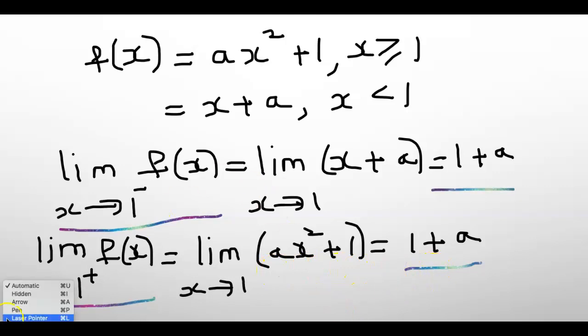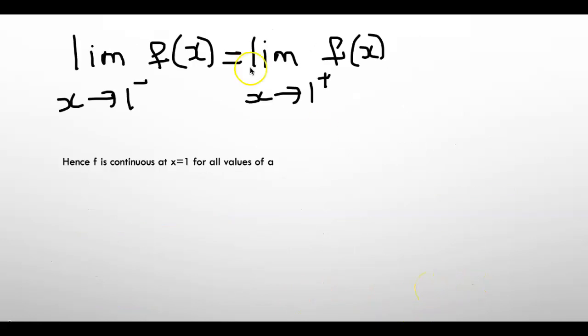And f of 1 will be the same, so that will be a plus 1. So we have left hand limit equal to right hand limit equal to f of 1. Therefore f is continuous at x equal to 1 for all values of a.